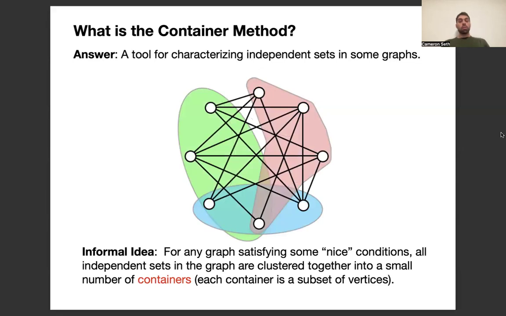And the important thing to note is number 1, there's not too many of them, because I could just give you all the possible subsets of the graph, and that's not very interesting. And 2, they're not too large, because again, I could just give you the entire vertex set as a container, and that's not very interesting either.